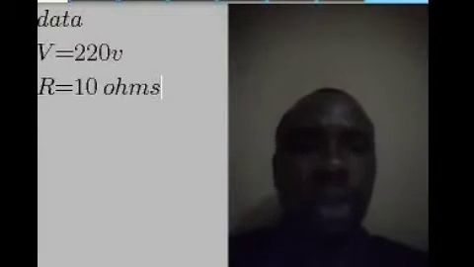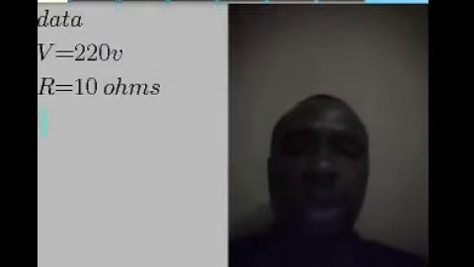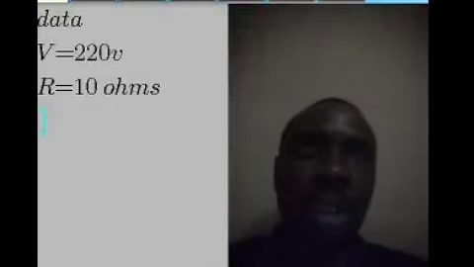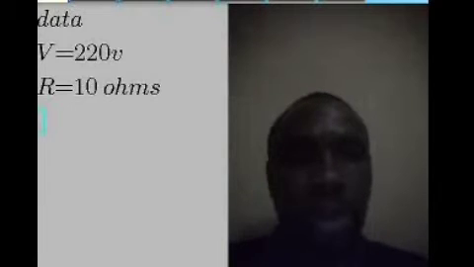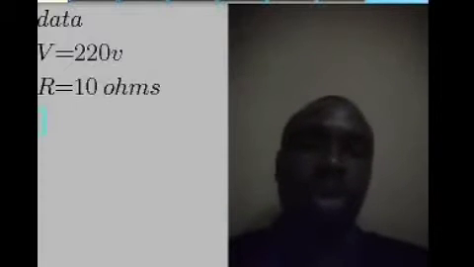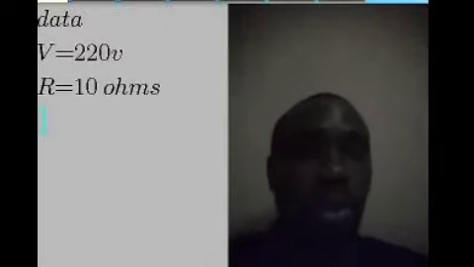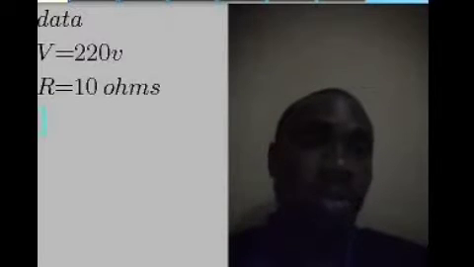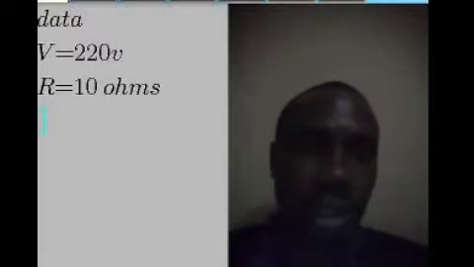By virtue of looking at this, we can see that we're told to find the power that will be dissipated. Whether it's the power being dissipated or the power being inputted is probably going to be considered almost the same thing, assuming that there are no losses in some form. We'll do that in a later class. But for now, let's just say the power dissipated means the power that is being used by this device, the heater in this case.